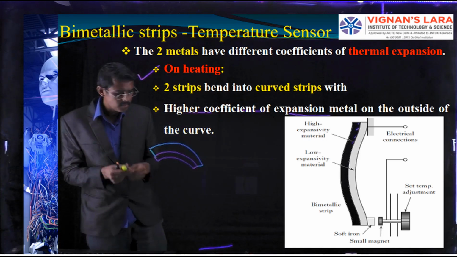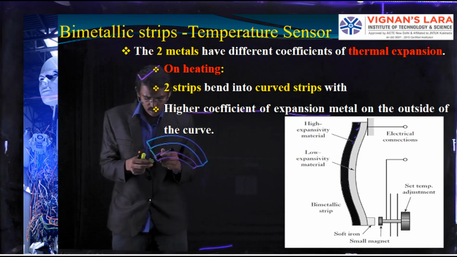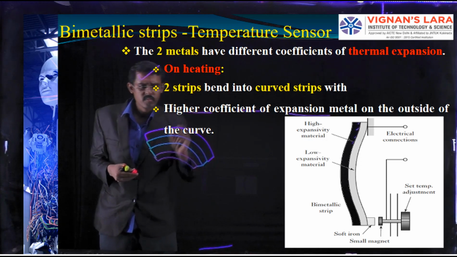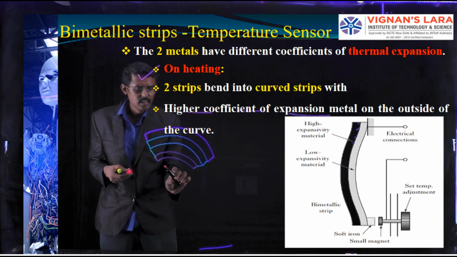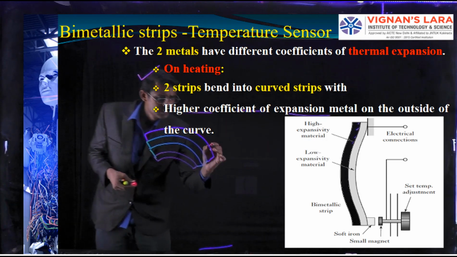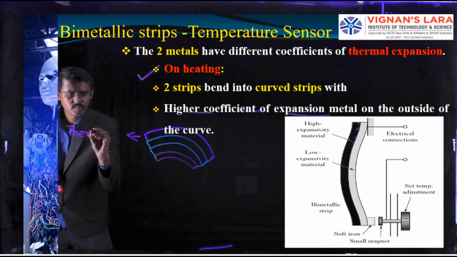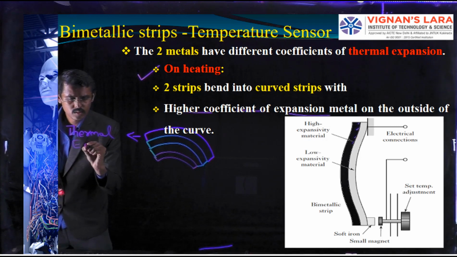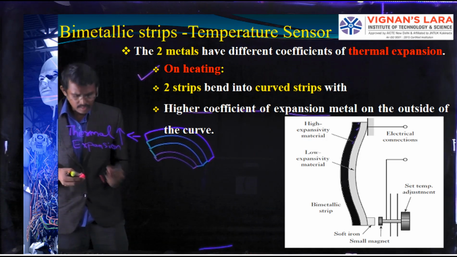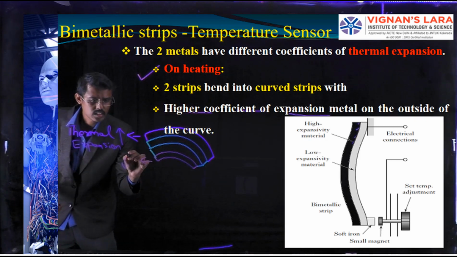Here we have a smaller radius on one side, and a larger radius on the other. So we can tell this one has a high thermal coefficient of expansion, but similarly this one has a low one.